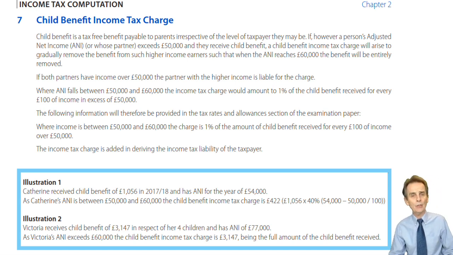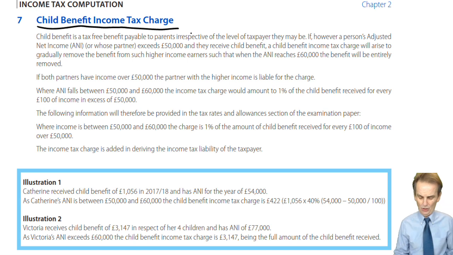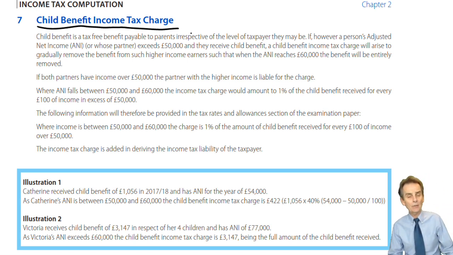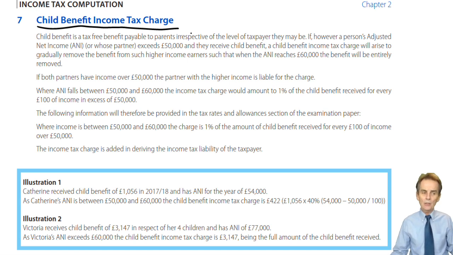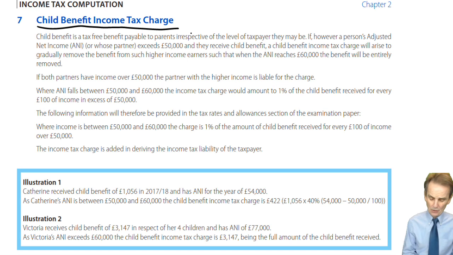First of two areas, something called, as you'll see here in your notes, the child benefit income tax charge. Now, the UK state provides various state benefits depending upon your circumstances, and one of those is a child benefit.